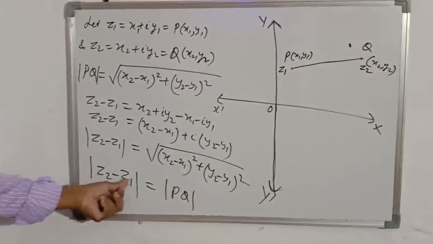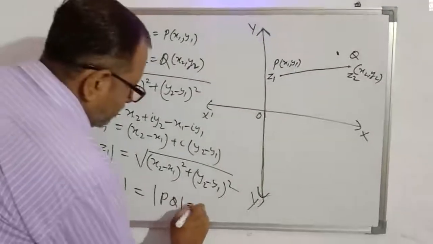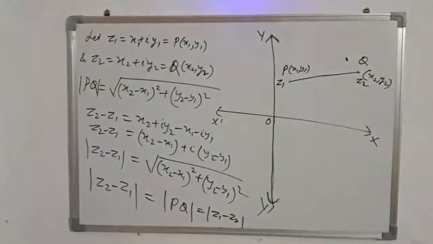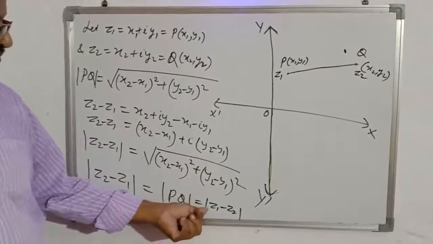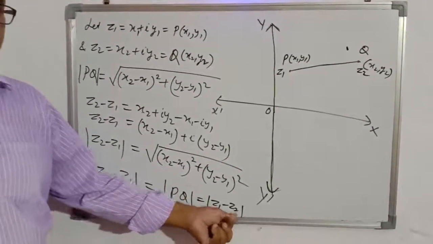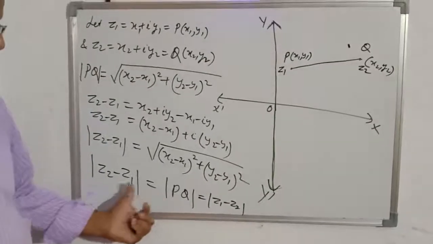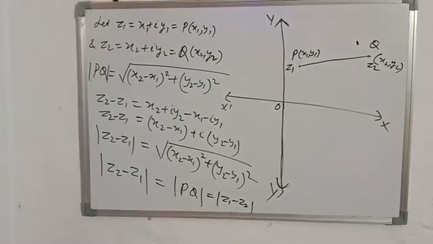It can also be written as Z1 minus Z2. So the distance between two corresponding points is equal to the modulus of the difference of both complex numbers, either Z2 minus Z1 or Z1 minus Z2.